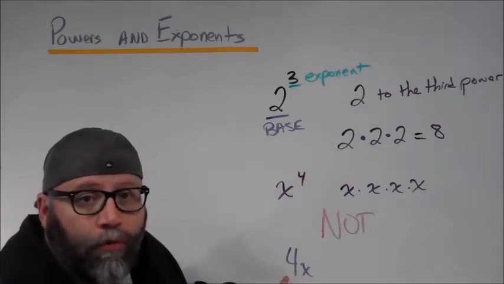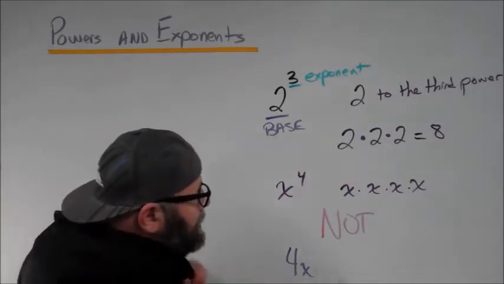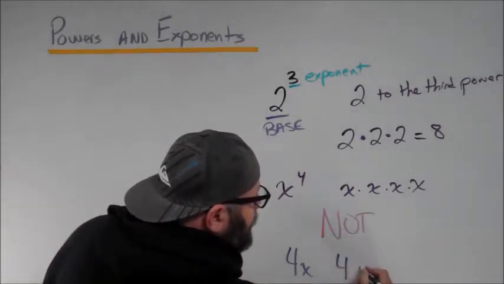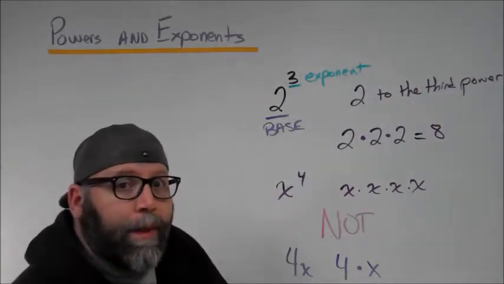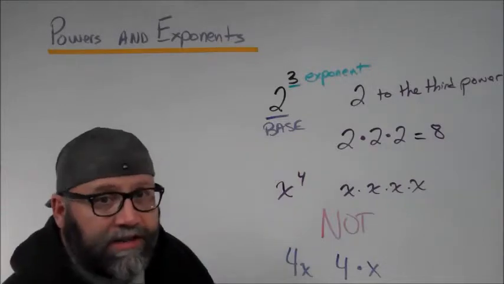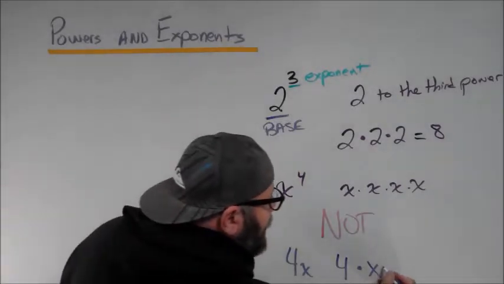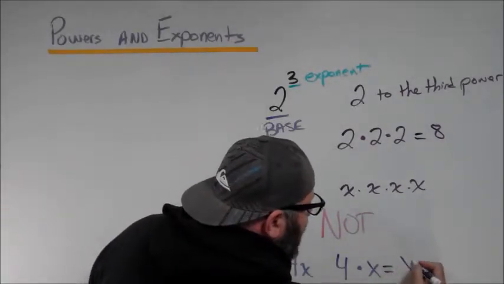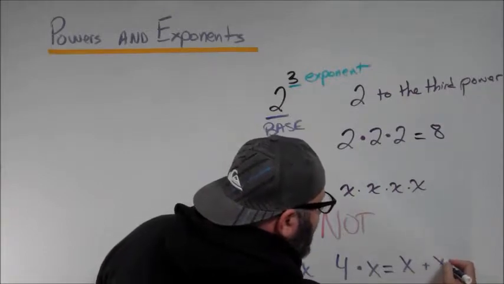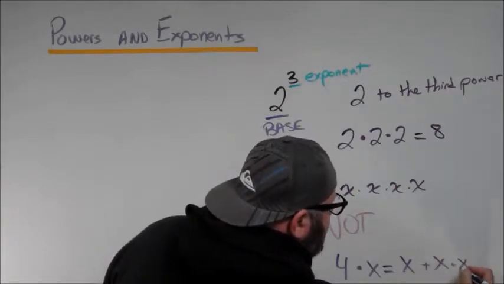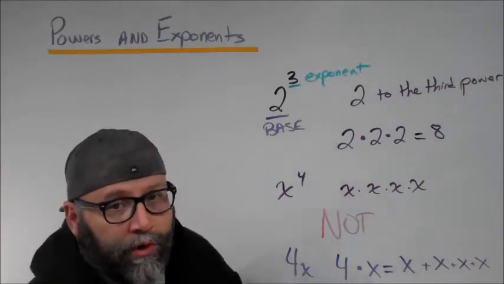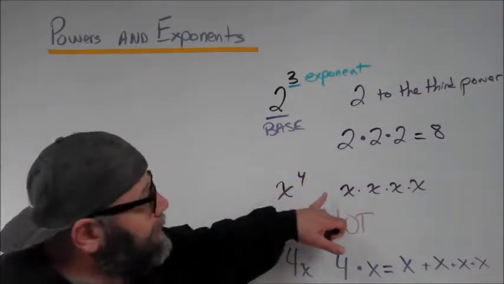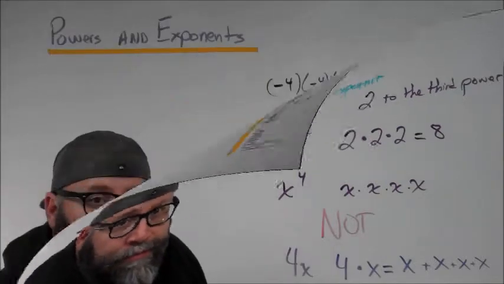This says 4 times x. Now, multiplication in this sense is repeated addition, so it is also the same as x plus x plus x plus x. These two are equivalent and not equivalent to that.